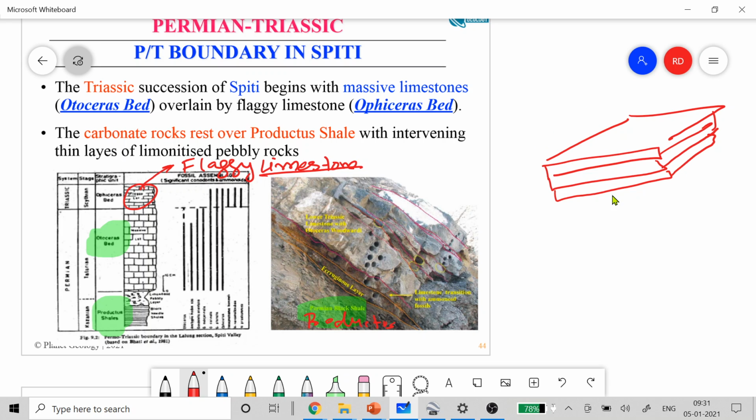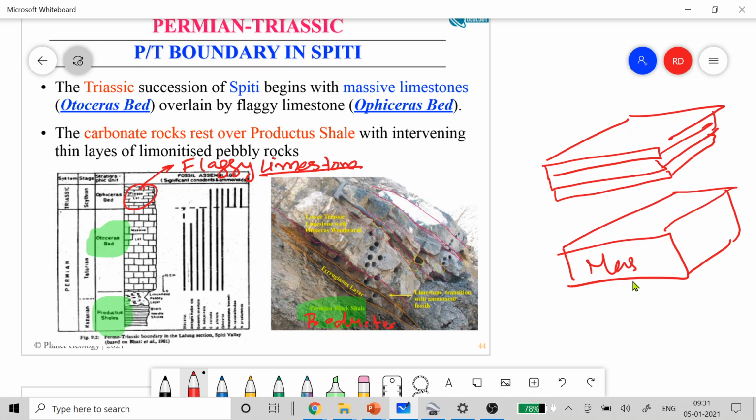When you see the rocks, massive will be just no internal layering. So this is massive and this is flaggy. It's not very closely spaced; these layers are not very closely spaced when you call something flaggy. They're slightly widely spaced, few centimeters apart, and underneath you have the massive sandstone, and underneath that you will have the black shales.